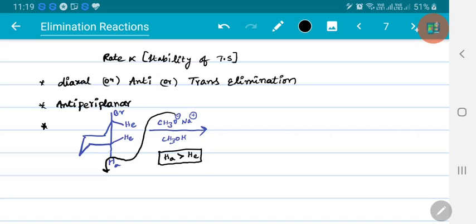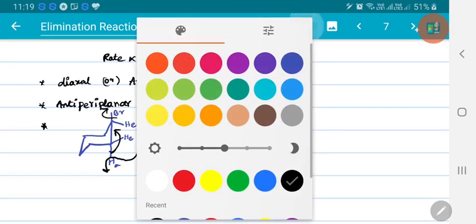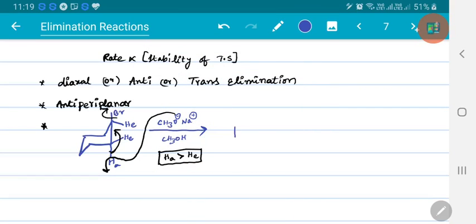Then this bond will be shifted here, making this bromine leave this site. So this will lead to product formation. The product obtained is nothing but cyclohexene.